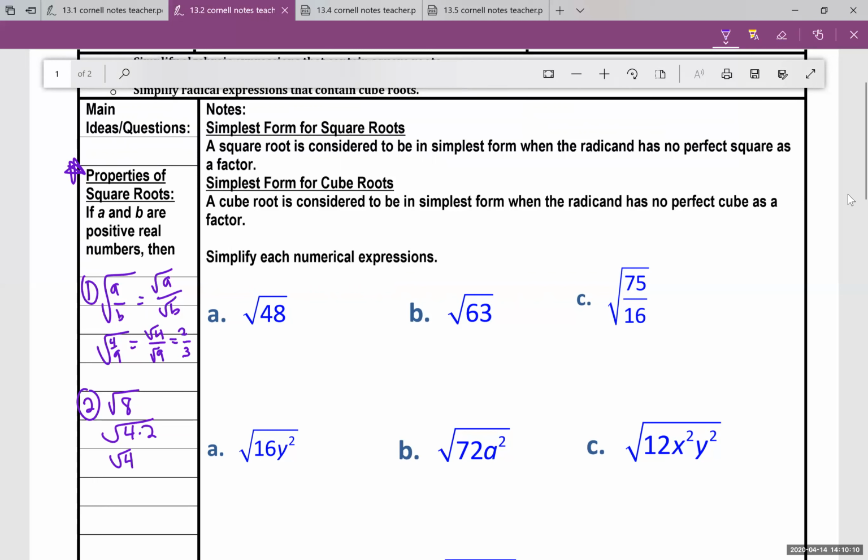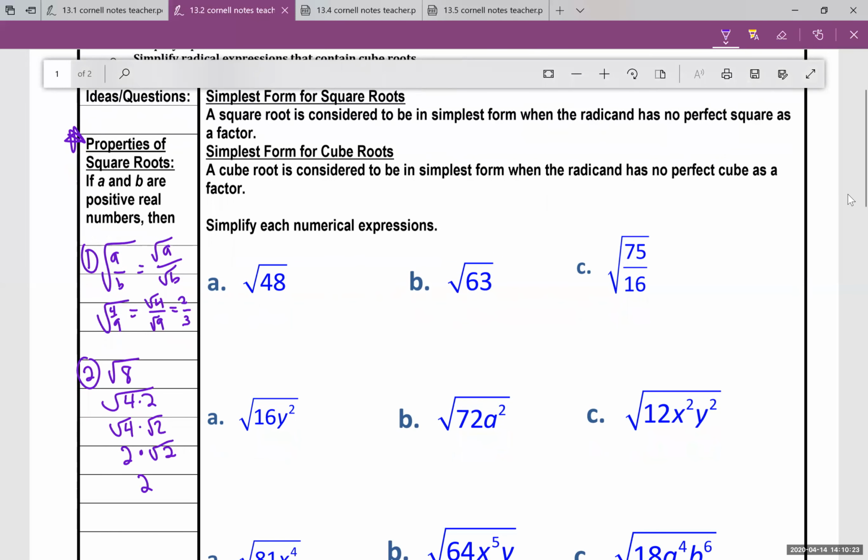You could think of it this way. I can take the square root of 4, which is 2. So then I have 2 times the square root of 2. So final answer, 2 square root 2. That's another property of square roots.